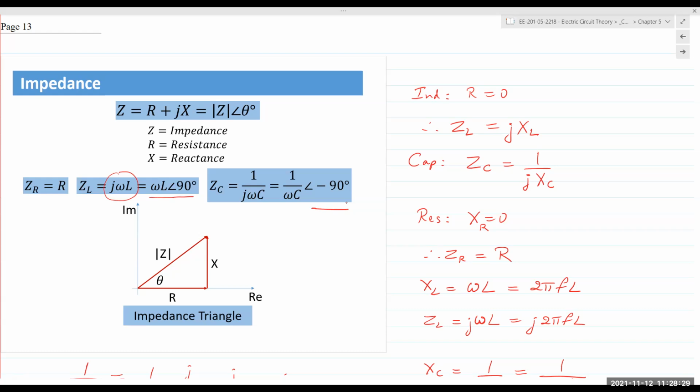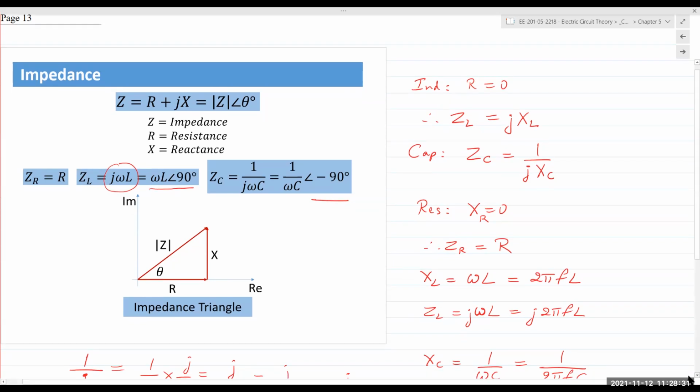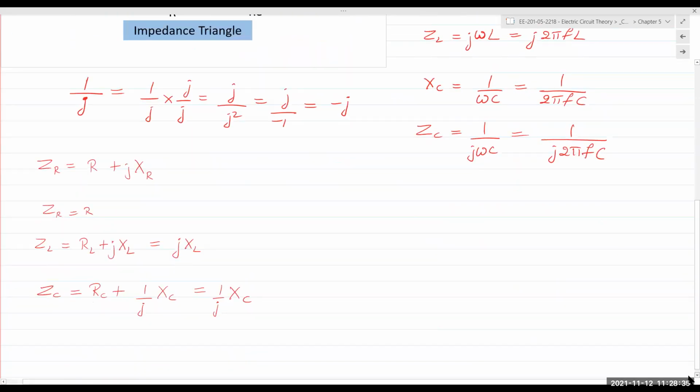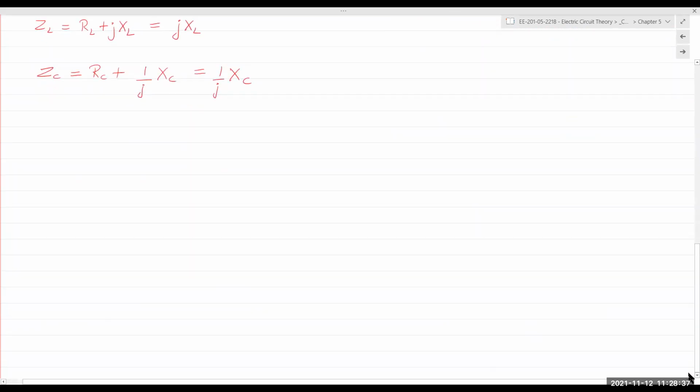Well, for voltages and currents, we learned about phase, right? We learned about phase and phase shift. We learned about phase and what it represents. What does phase represent? It represents the moment in time when the voltage or the current waveform crosses the x-axis, right?